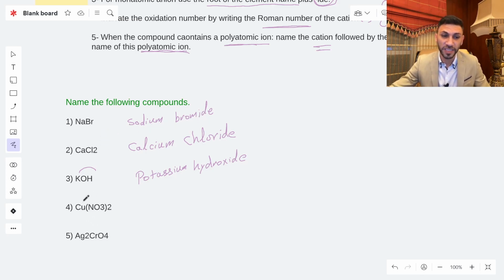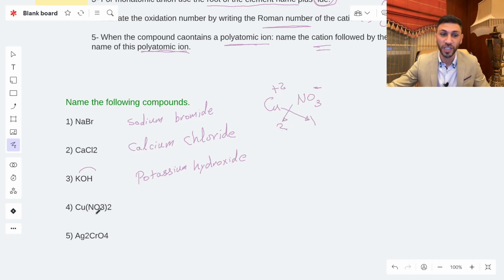Here I have Cu(NO3)2. But don't forget, NO3, the nitrite, is negative 1. And here I have Cu, and then I have 2 of it. So to balance it, this copper should be 2. Because if I write number 2 here, number 1 here, copper will take 1, nitrite will take 2.